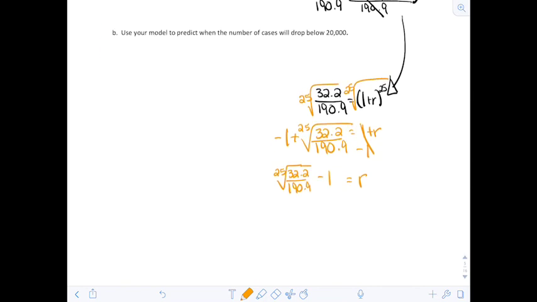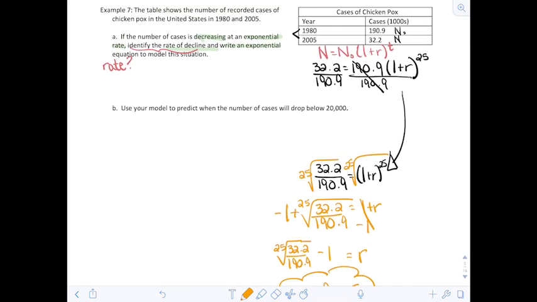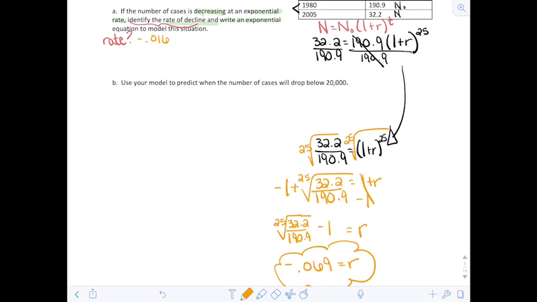When you go to your calculators, you are going to get a decimal value of negative 0.069 for your rate, approximately. And it does make sense that it should be negative. So that's the first question, the rate, negative 0.069. But then they want to know the equation.